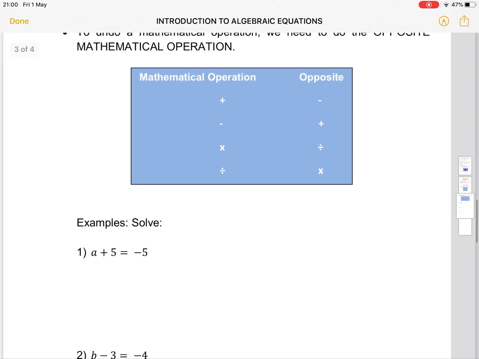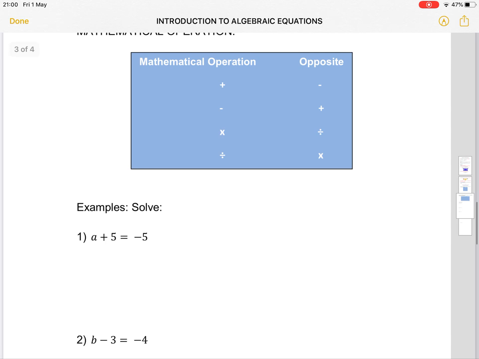okay? Now, let's try to solve the following examples to check whether we have understood, and if we have not understood clearly, with the examples we would manage to understand much better. So let's say that in example 1 we have a plus 5 is equal to negative 5, and we need to solve that equation, so we need to bring a on its own.